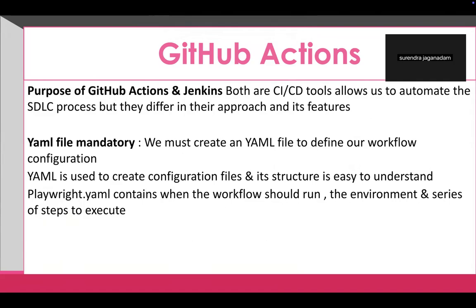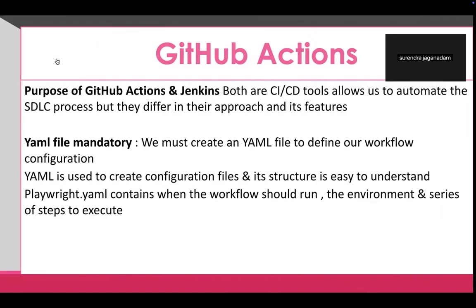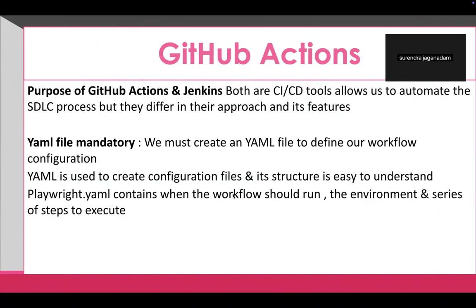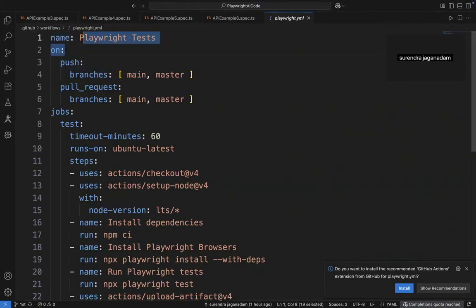The playwright.yaml file contains the workflow, when it should be executed, what environment it needs to execute in, and what the various steps are that it needs to execute. Everything is defined within this YAML file. I can say that this YAML is a configuration file.